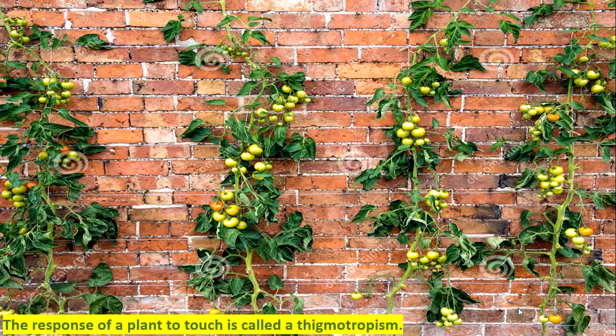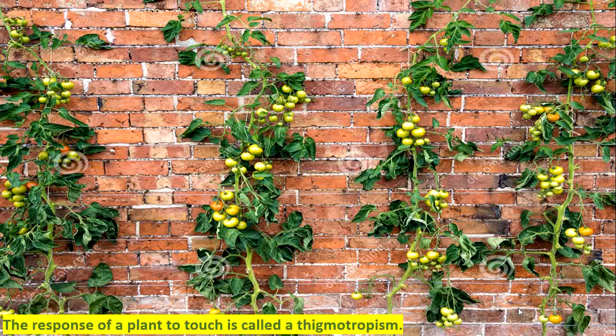Then you have the third environmental stimulus. Now, touch. The response of a plant to touch is called thigmotropism. You might have seen vines growing up the side of a building or a fence. This happens because the plant has special structures that actually respond to touch.